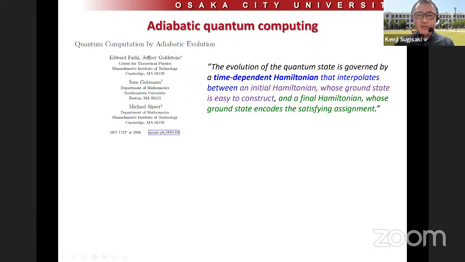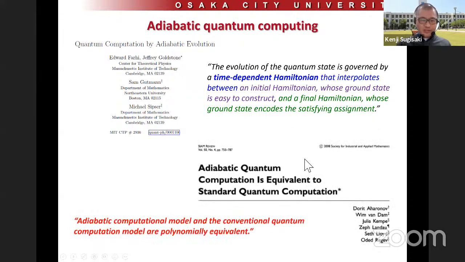Usually we construct the problem Hamiltonian so that its ground state is some kind of map of the problem we want to solve. So usually we start from the ground state and apply adiabatic quantum computing to obtain the ground state of the problem Hamiltonian.